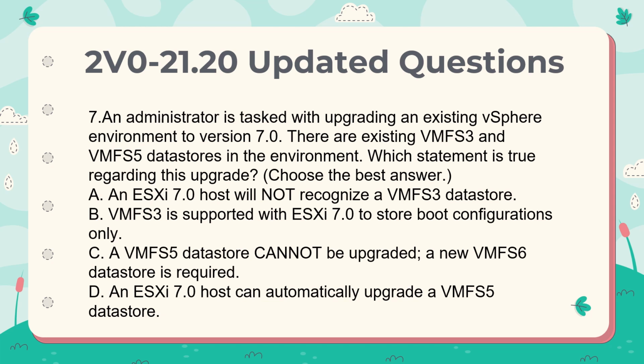B. VMFS3 is supported with ESXi 7.0 to store boot configurations only. C. A VMFS5 datastore cannot be upgraded. A new VMFS6 datastore is required. D. An ESXi 7.0 host can automatically upgrade a VMFS5 datastore.